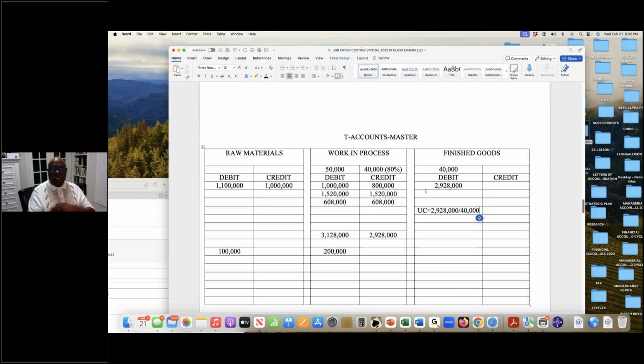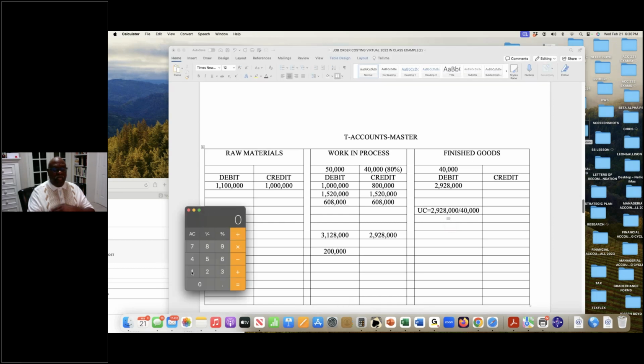So that's what we're going to do. That unit cost is going to equal $2,928,000 divided by 40,000.